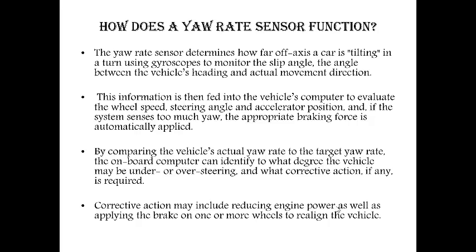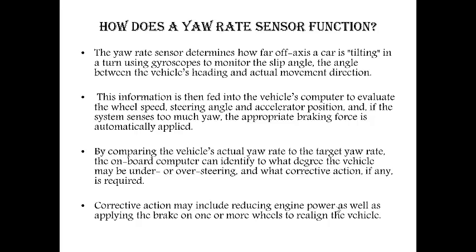So how far off axis a car is tilting in a turn is monitored using gyroscopes to measure the slip angle. The slip angle, as I spoke about in the earlier section, means how much angle it is deviating or rotating from its vertical axis, the angle between the vehicle's heading and the actual movement direction, which is right or left. So the yaw rate sensor determines this tilt.